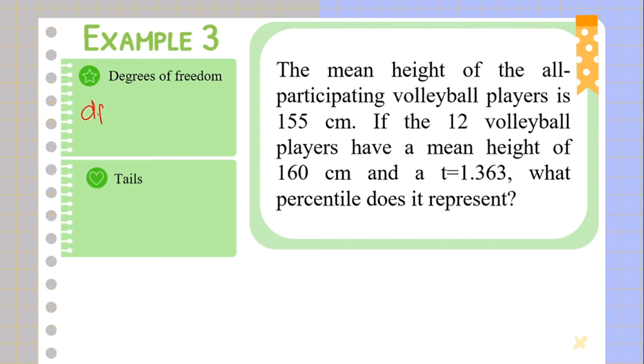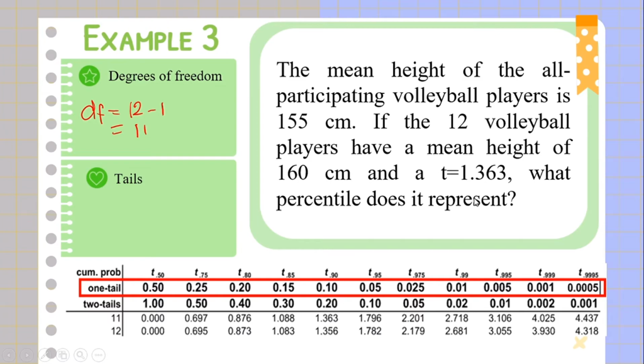Now, since 12 ang ating sample size, then 12 minus 1 is equal to 11. And then, we're going to use the degrees of freedom na 11 and yung t-value na 1.363 to identify the lower tail probability. So, nandito yung ating 11 na degrees of freedom and nandito naman ang ating t-value na 1.363.